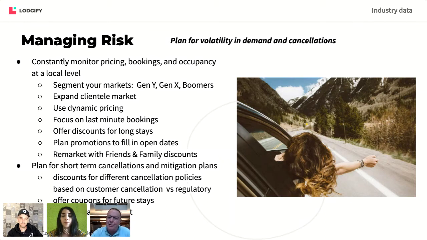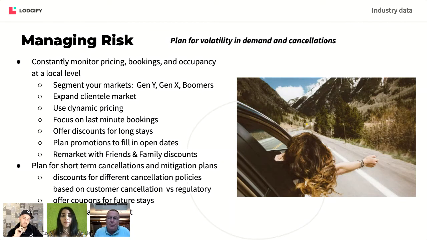One is a cancellation by the customer just because they got nervous, and the other is regulatory cancellation. And you could possibly have two different cancellation policies with regards to who cancels and why they cancel, so that you're able to protect yourself from a cancellation that would occur 3 days before a 2-week stay, right?